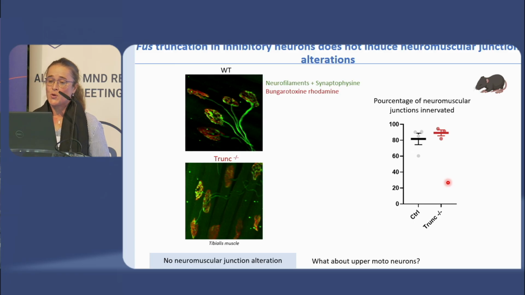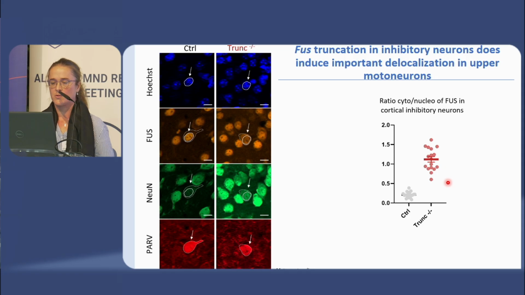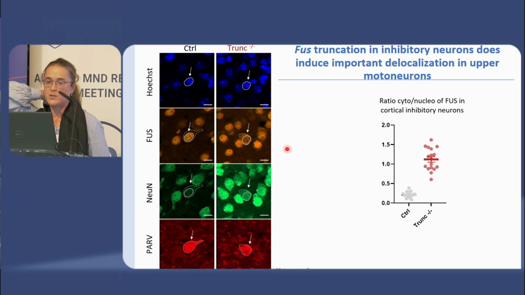So we finally go and look at the upper motor neurons. So we look in the cortex, actually. And so you have there the DAPI that allows just to label the nucleus. You have there the FUS staining to actually look at the potential mislocalization. The NeuN staining that allows to label all the neurons, actually.